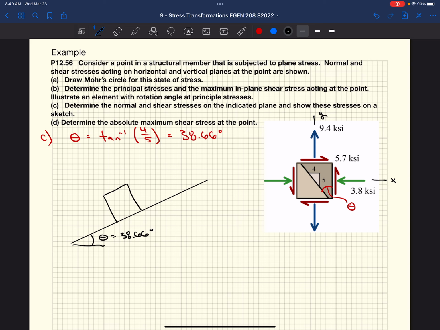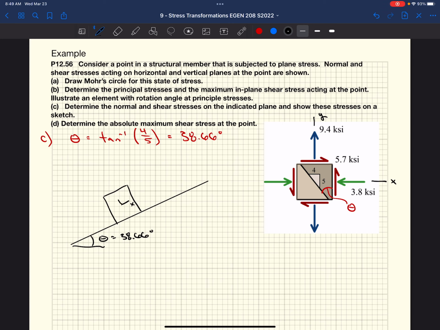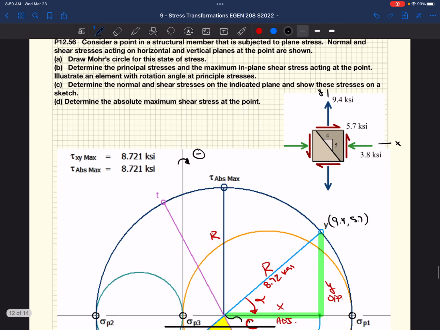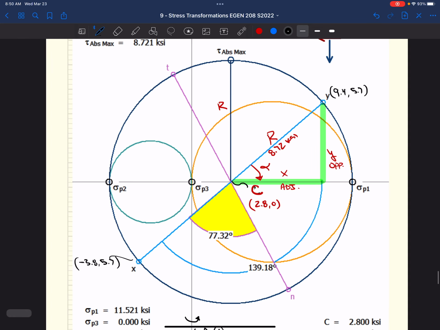We want to know what's going on our X face and our Y face. Those faces are still there. We've got this X, Y coordinate, we just rotated counterclockwise a little bit, and we want to figure out what's going on there. Well, that's where we use Moore's circle.